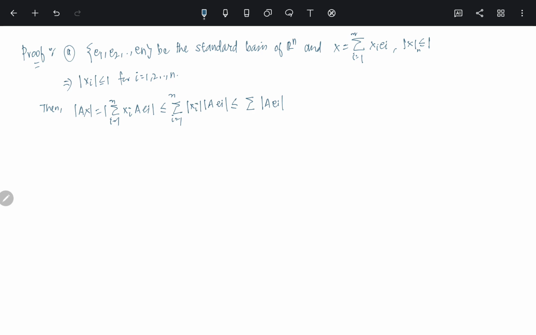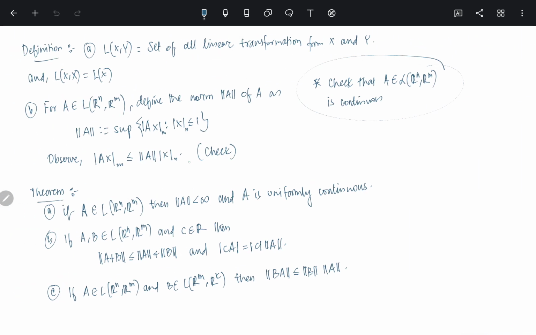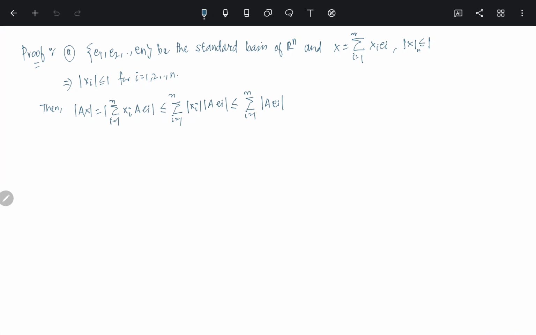Since each xi is less than or equal to 1, this is less than or equal to the summation of the norm of A of ei. I made a mistake here: this is just a scalar times this vector, so we are not using that fact, but just the triangle inequality. Sorry for the mistake.